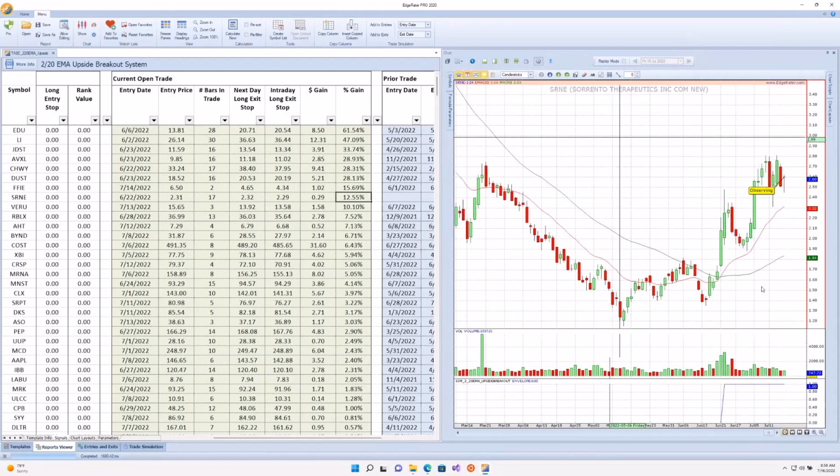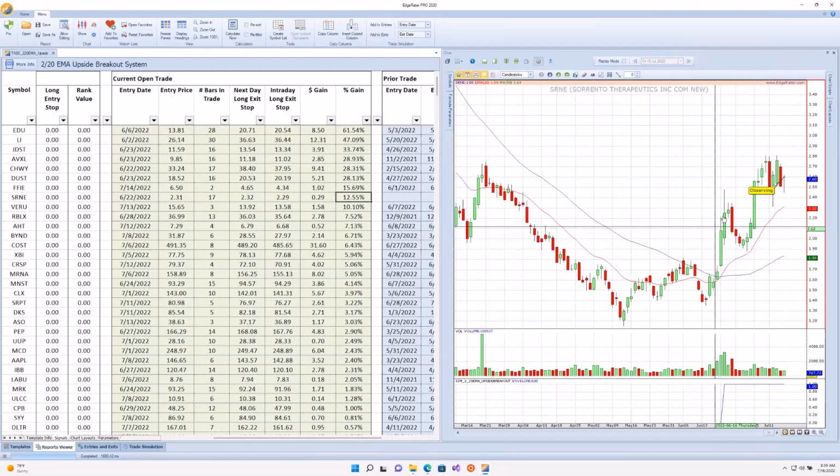Okay, so here's SRNE. Again, you've got 2 bars that are completely above. Sorry, where does that start? So the first bar is actually this bar here that I'm pointing at, even though it's quite close to the 20 EMA, it is completely above. And then the second bar was this bar.